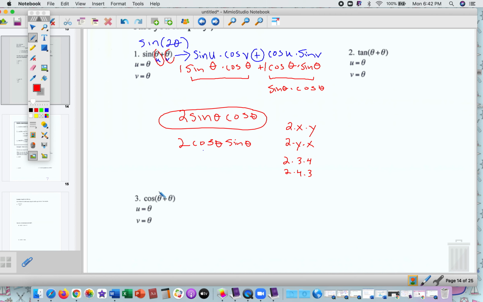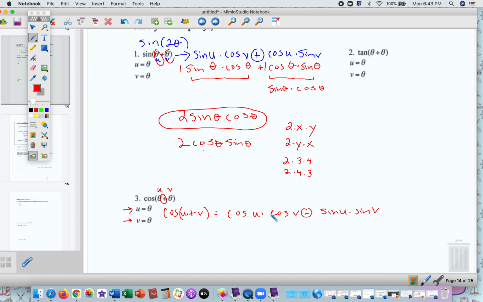If we look at cos of theta plus theta, if we know u is theta and v is theta, let's use that formula. We know cos of u plus v is going to be cos of u times cos of v minus sine of u times sine of v.